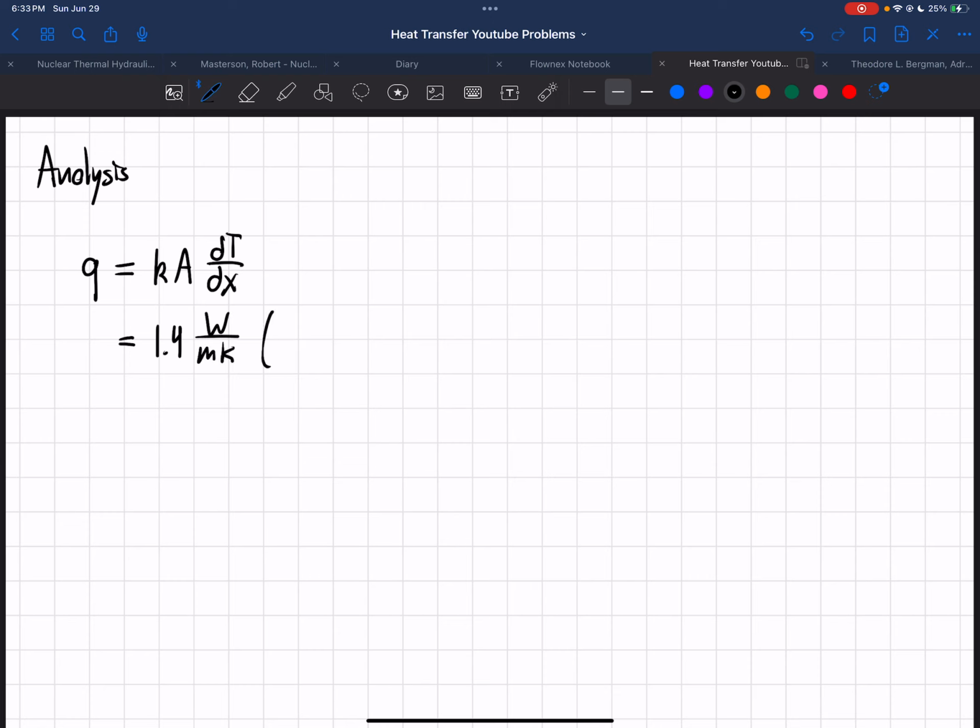We know the area is going to be 1 meter times 3 meters. dT, I'll put this explicitly, the inside is hotter, isn't it? So T inner minus T outer, and that's going to be 15 degrees Celsius minus 5 degrees Celsius. And dx is the thickness, which I believe we said is 5 times 10 to the minus 3 meters.